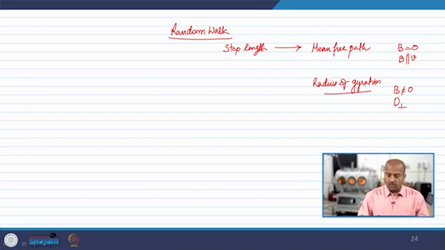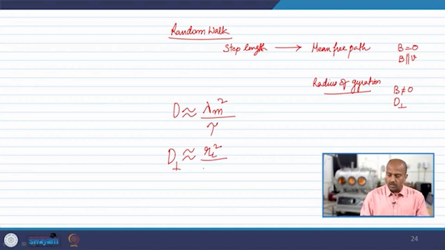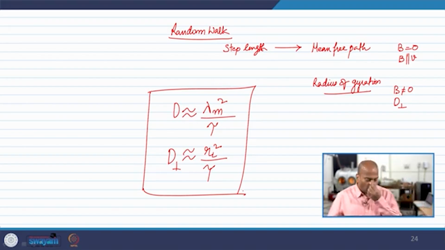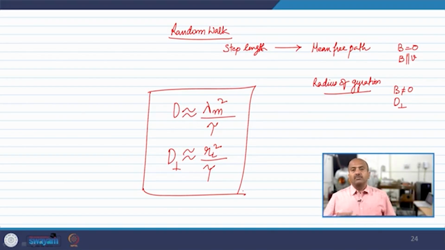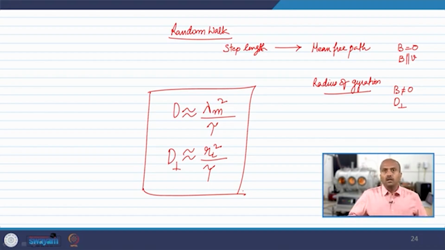So, I will just write those expressions. D is approximated to lambda m square divided by tau, whereas D perpendicular is approximately equal to R L square divided by tau. This is the conclusion of the discussion that we had about diffusion of plasma in the presence of magnetic field, but most importantly this is valid when the plasma is not fully ionized.